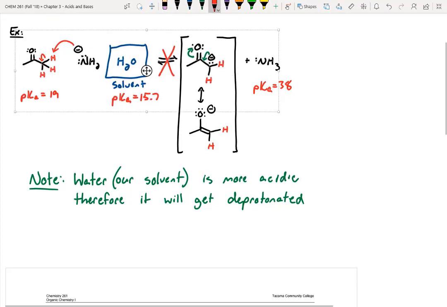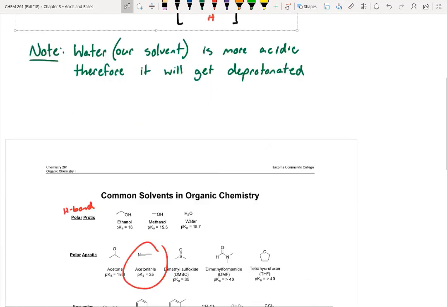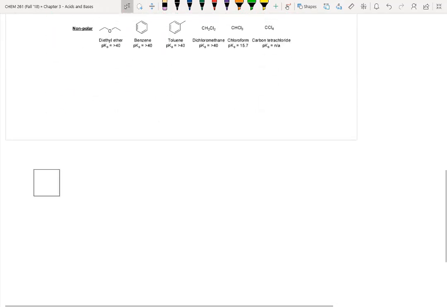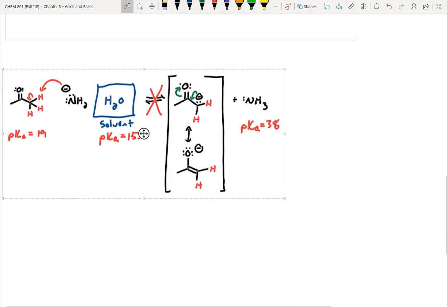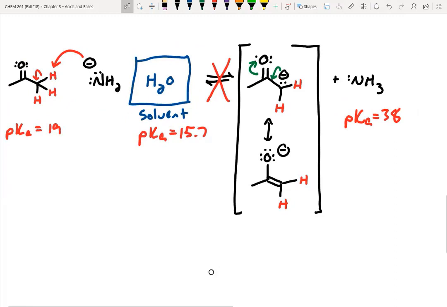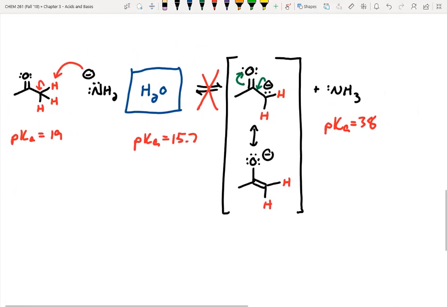I'll use my power of the lasso tool. Copy it down. Cowboy Jeff. You can just copy over your notes. I know. Lasso everything. All right. So let's do acetonitrile.